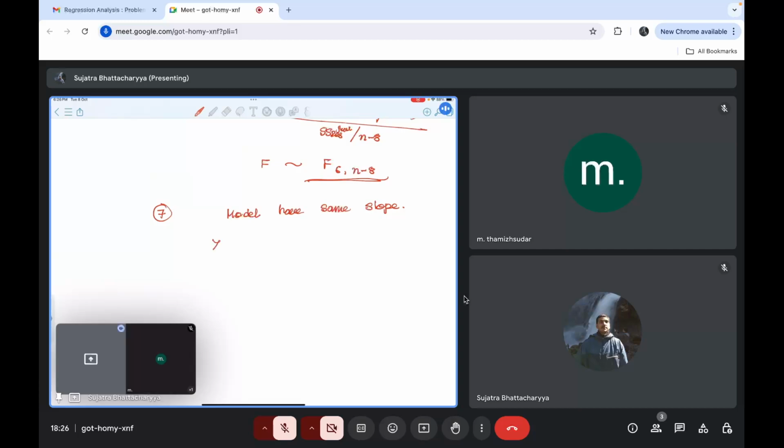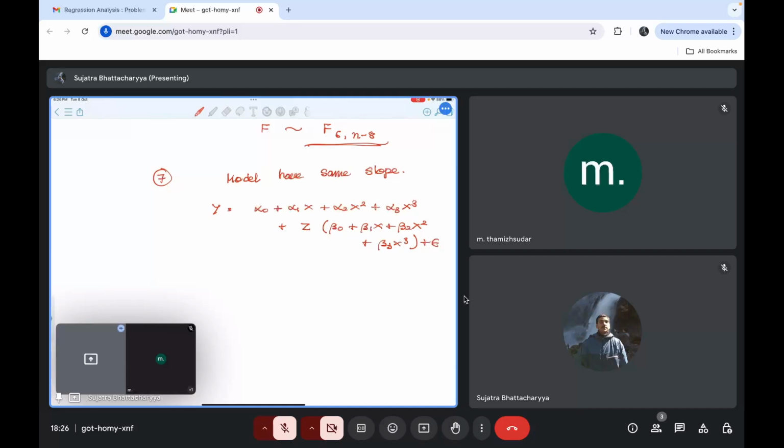Okay. Now, let me write the entire model again. Alpha 1 x plus alpha 2 x square plus alpha 3 x cube plus z into beta naught plus beta 1 x plus beta 2 x square and plus beta 3 x cube plus x. Right.